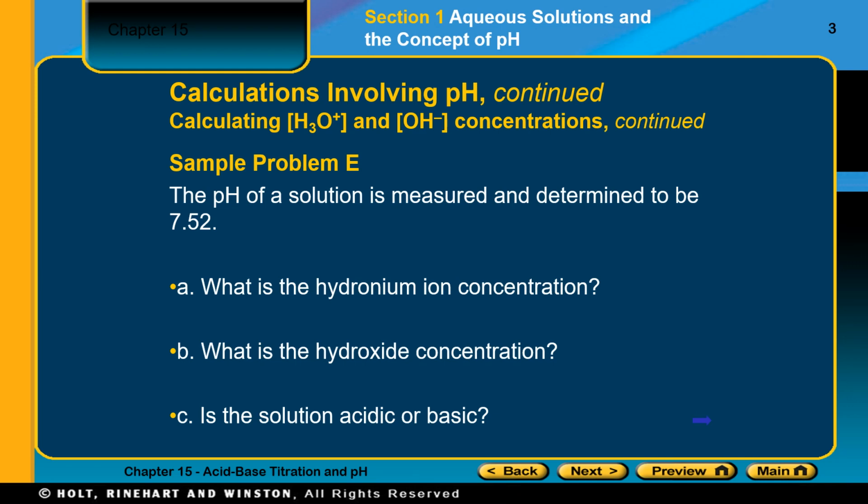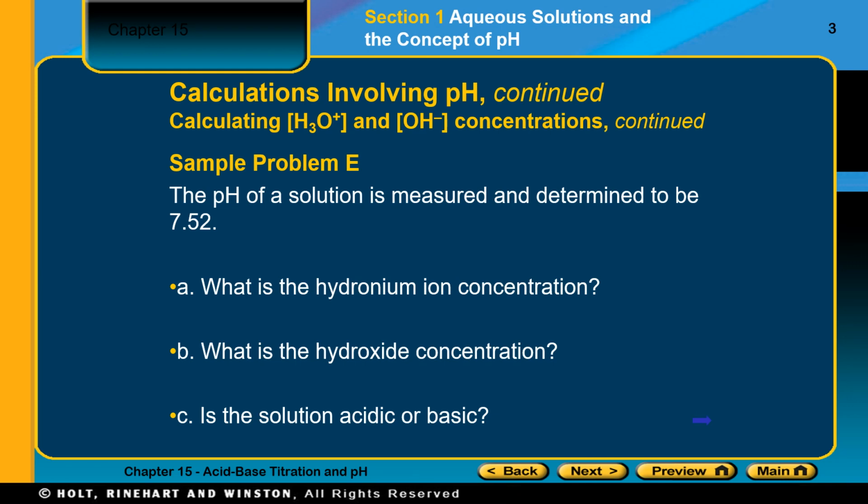Sample problem E. The pH of a solution is measured and determined to be 7.52. So this is one of those pHs that's not a whole number, definitely needs to be done on a calculator. And they want us to figure out what is the hydronium ion concentration, and then what is the hydroxide ion concentration.